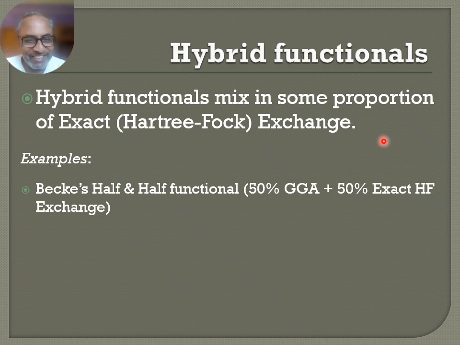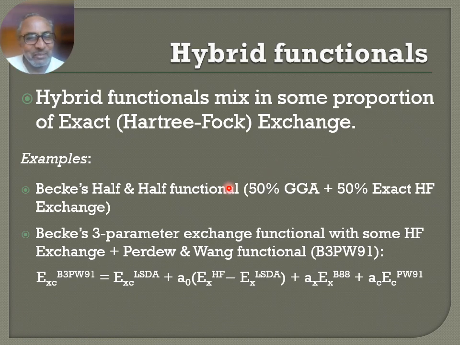Okay, for example, you have the B3PW91 functional, which mixes in some proportion, that is A0, of the exact Hartree-Fock exchange with some proportion AX of the Becke 1988 exchange and the Perdew-Wang 1991 correlation functional.